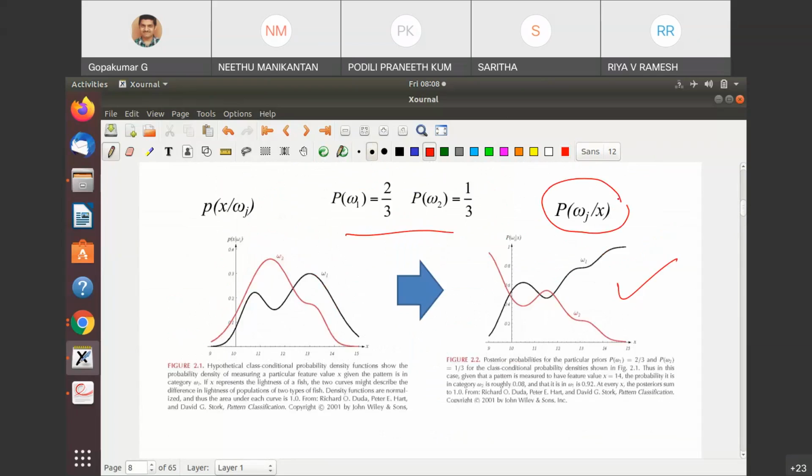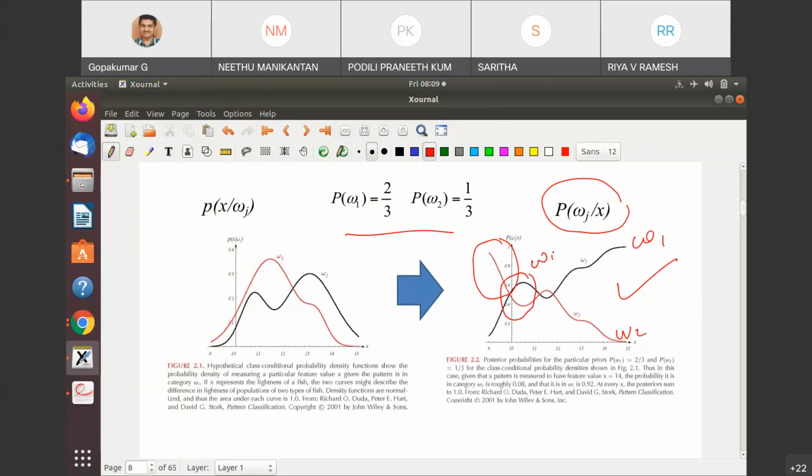If you look into these posterior probability distributions, we can see that in some regions, for example if you take this region, this corresponds to W2. So this is W2 and this is W1. Here you can say that the larger value is W2, and when you come to this particular region, we can say that it corresponds to W1.